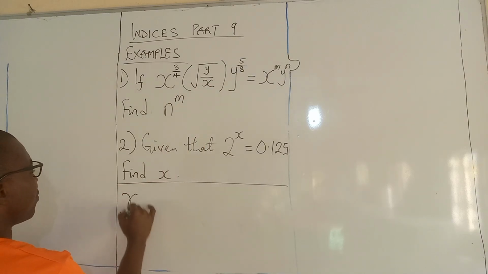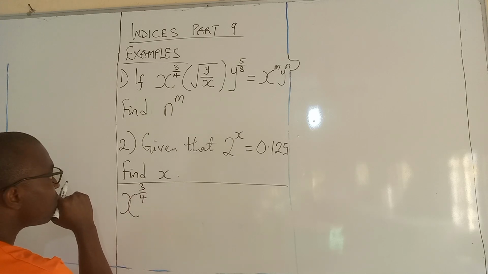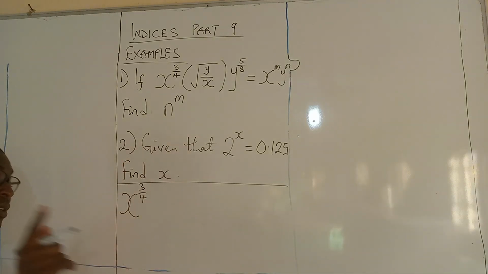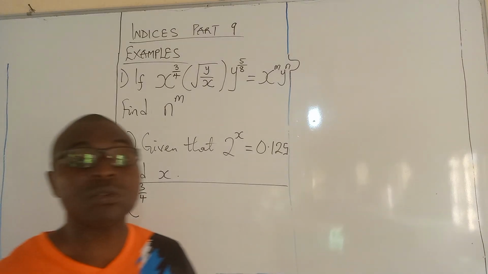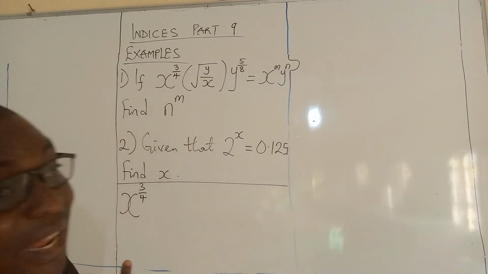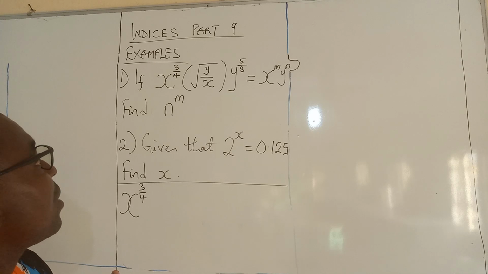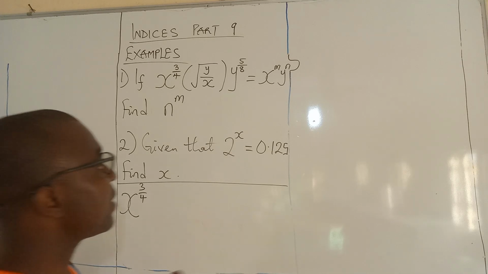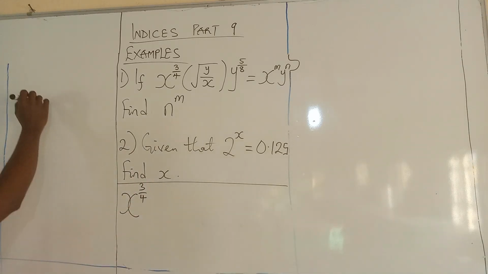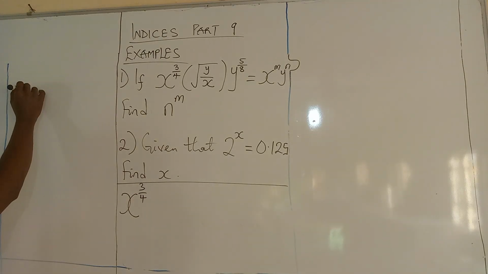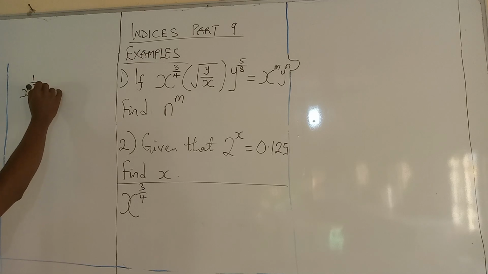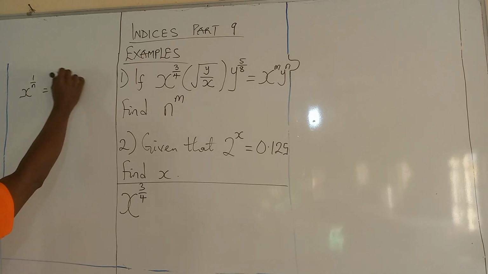This is x raised to the power of 3 over 4. Still from our knowledge of indices, that's why I said try and go through part 1 before coming over to part 9. There is a law of indices that says that if you have x raised to power 1 over n, it is simply the nth root of x.